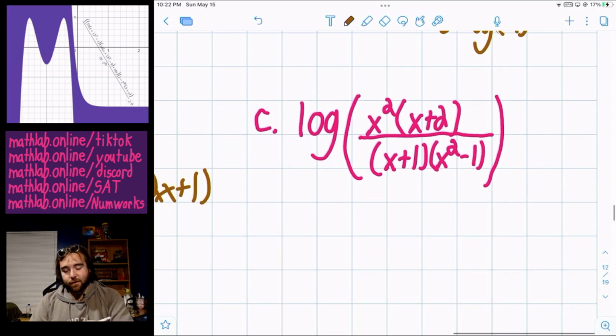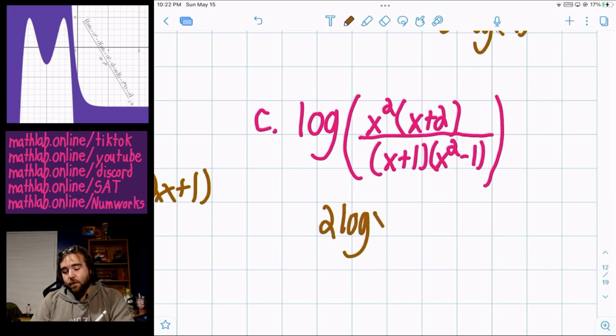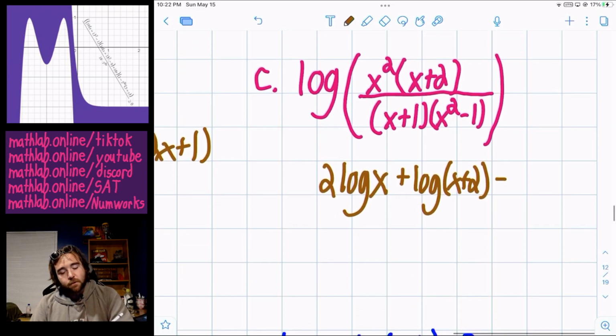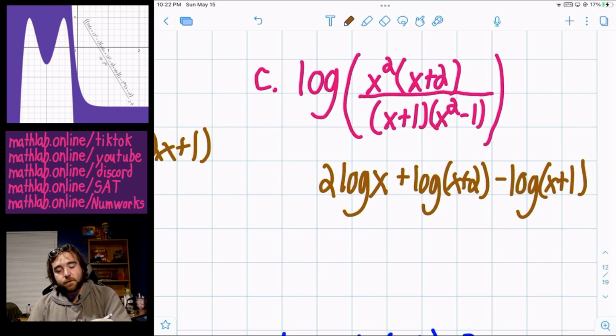All right, another long one. So we're going to have the log of x squared, and then we're going to bring the 2 out to the front. So that's 2 log of x plus log of x plus 2 minus log x plus 1.